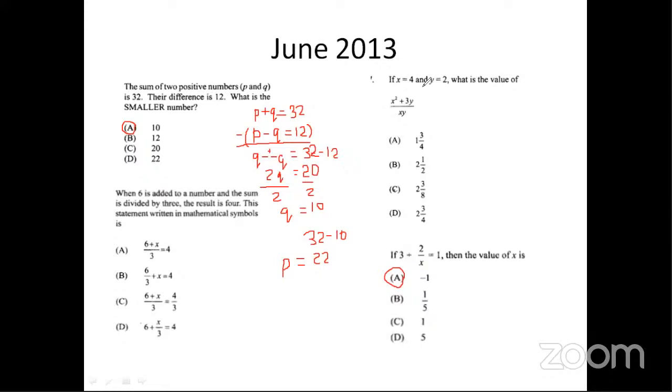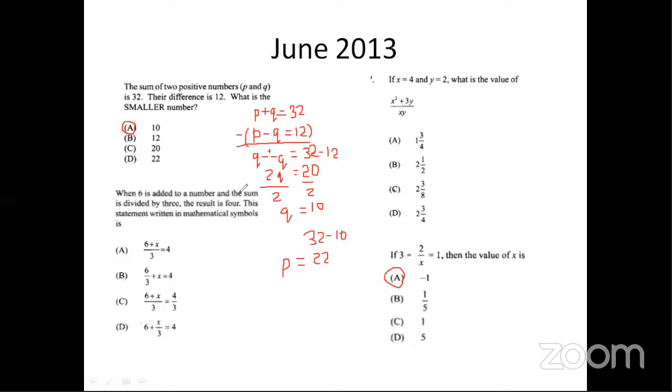All right, so breaking down the question again. It says we're adding 6 to a number. We don't know the number, so we'll use a letter to represent it. If you look, you are seeing 6 plus X in A, and you're seeing 6 plus X in C as well. Right away, you knock out B and D. Those cannot be your answers. Now you move into the next part.